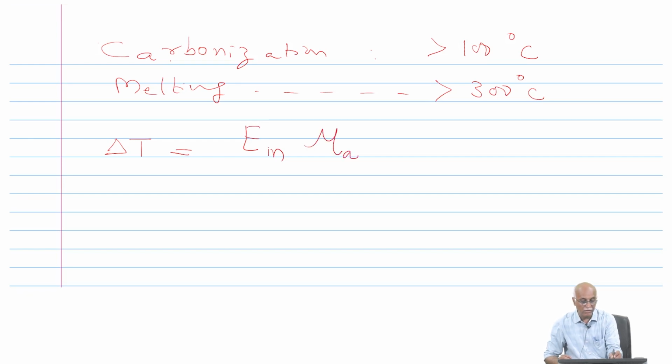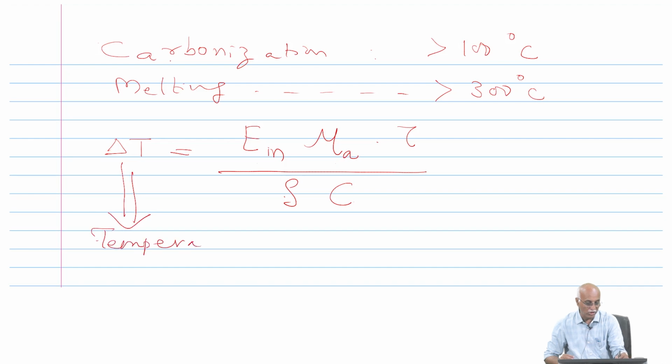So E in is the energy into absorption coefficient, and the time duration for which it is interacting, divided by rho into C. Rho is the density of the tissue material, C is the specific heat of that tissue material. So this is nothing but energy absorbed is equal to change in the internal energy. That equation will give us the change in the temperature. So this delta T is nothing but the temperature change.